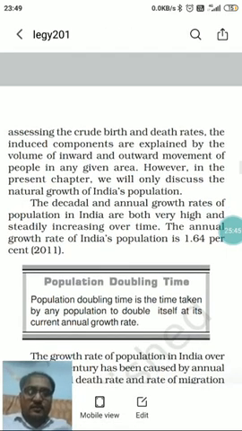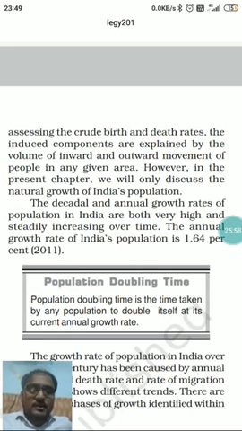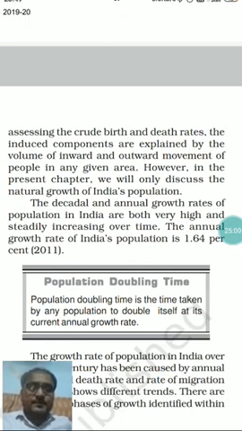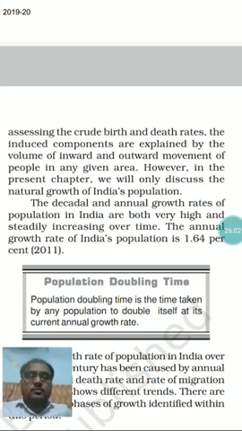Whereas in case of annual growth rate of population, it's within 1 year, means since the last 1 year back, what is the change, increase or decrease in population in just 1 year. That is all about annual growth of population. So decadal and annual growth of population in India are both very high and steadily increasing over time.